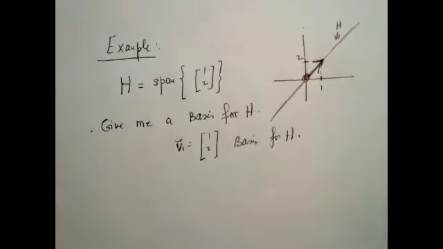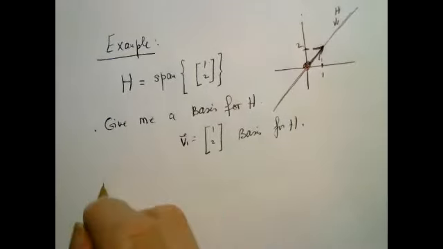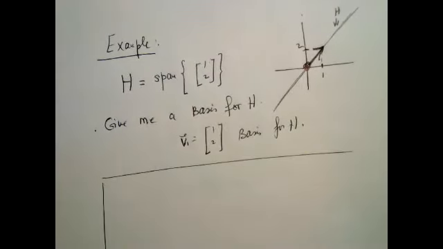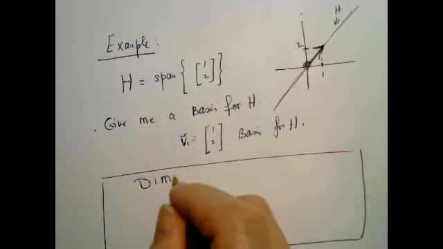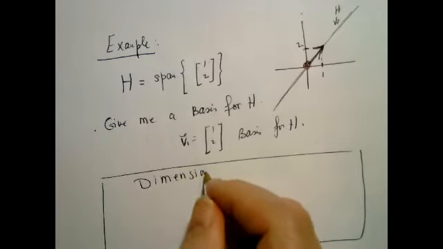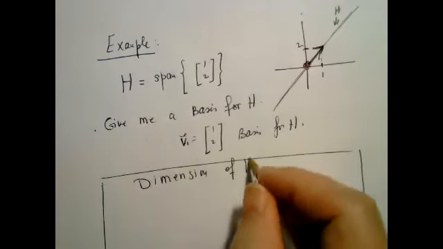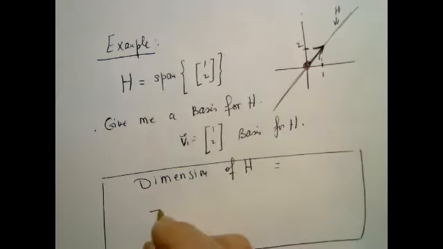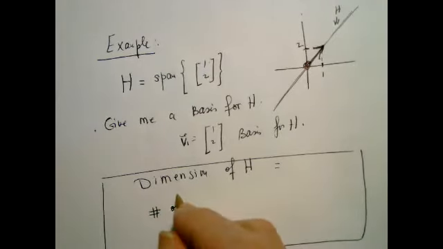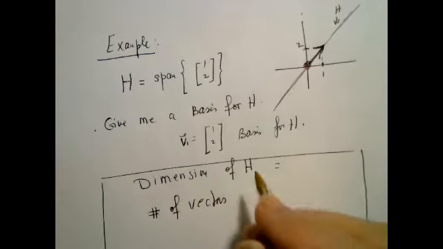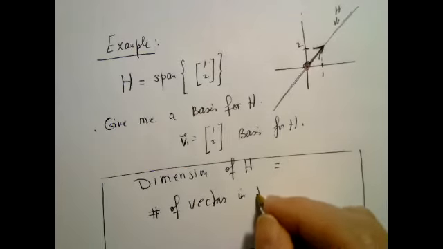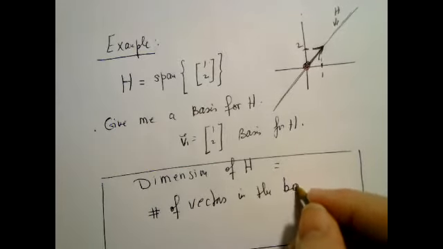And now I want to bring up the definition of the dimension of a subspace. What's the dimension? If H is a subspace, then the dimension of H is a number, the number of vectors in the basis of the subspace.